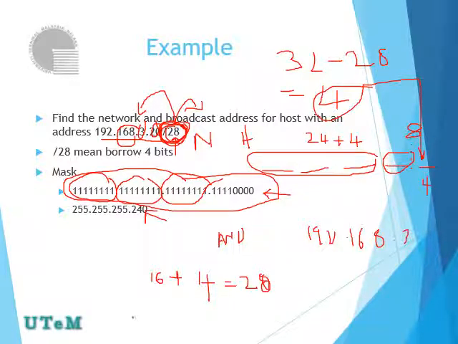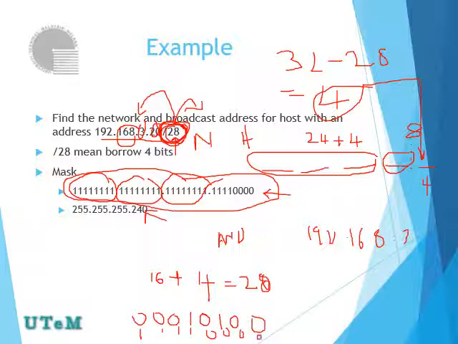So this is equal to 0, 0, 0, 1, 0, 1, 0, 0, with place values 1, 2, 4, 8, 16, 32, 64, 128. So AND with 1, 1, 1, 1, 0, 0, 0, 0.